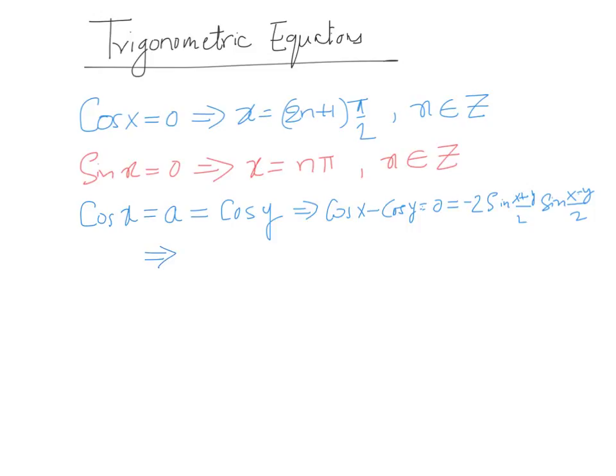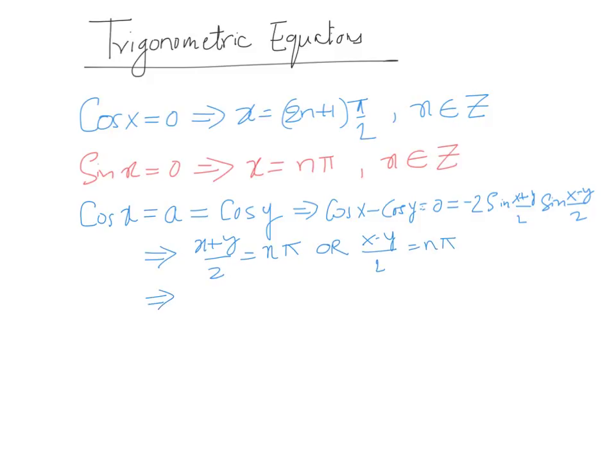cos x is equal to cos y implies that either sin of (x plus y) by 2 is equal to 0, which means that (x plus y) by 2 is equal to n pi, where n is an integer, or sin of (x minus y) by 2 is equal to 0, that is (x minus y) by 2 is equal to n pi.